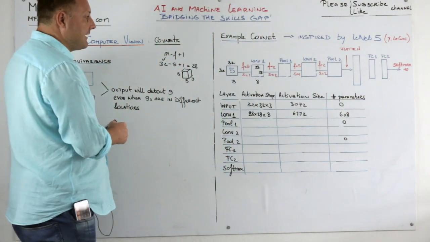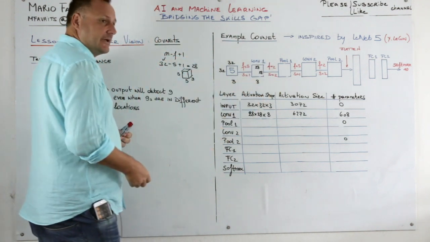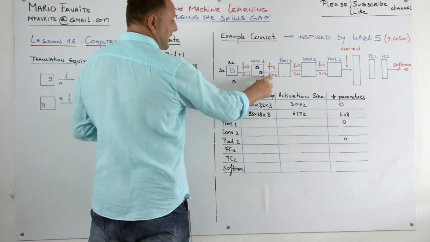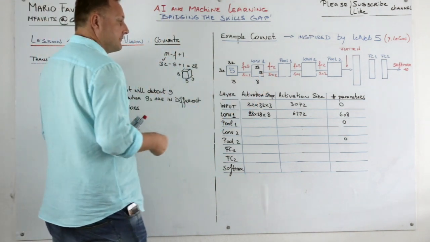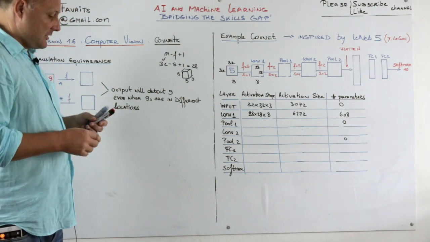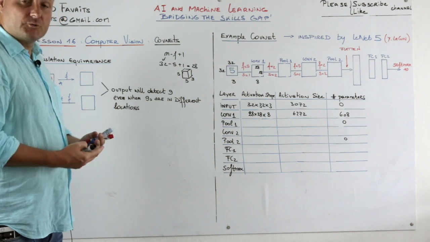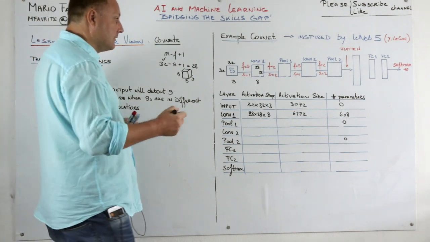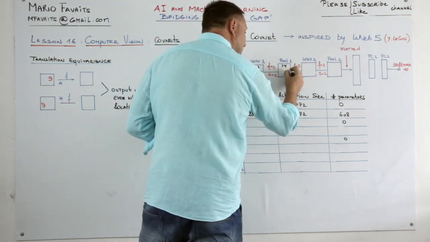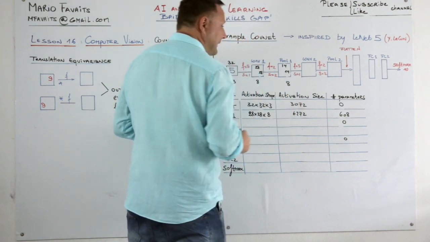Then we have a pooling layer where we use a 2 by 2 window, so a stride of 2 and a filter of 2. There are no parameters, as we know, but the size is going to be divided by 2, as we've seen in the previous video. So you will have 14 here, 14 here, and you will still have 8 filters.